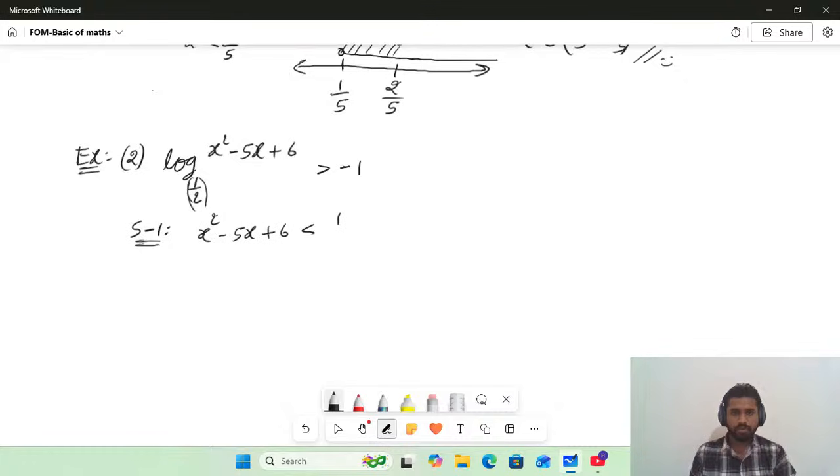So x square minus 5x plus 6 is less than 1 by 2 whole power minus 1. What is 1 by 2 whole power minus 1? It is nothing but 1 by 1 by 2, which is 2. If we take it to the left side, minus 2 is less than 0.